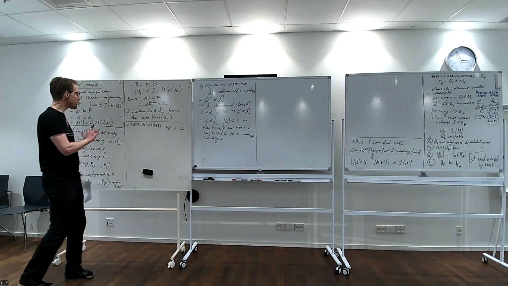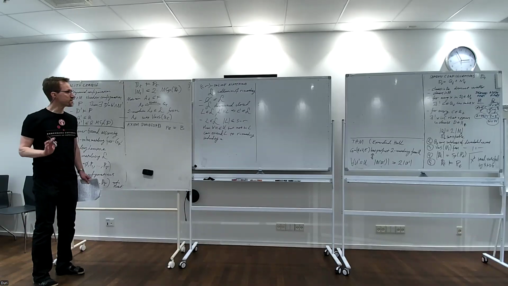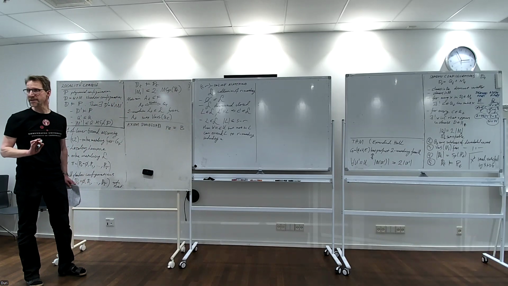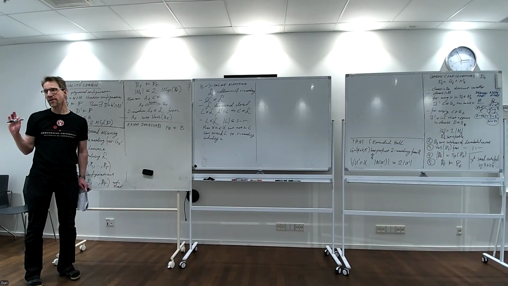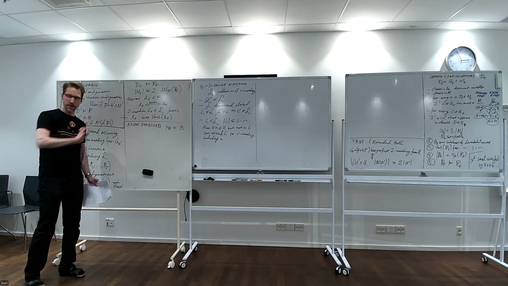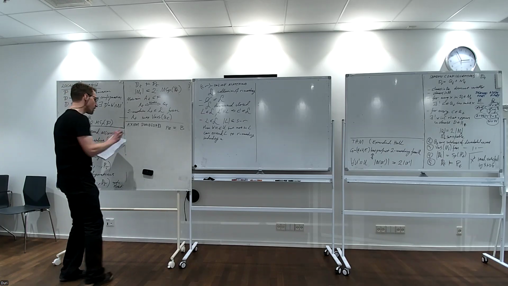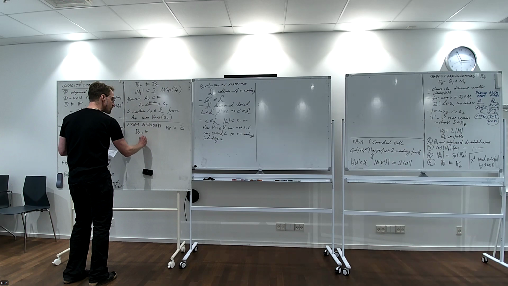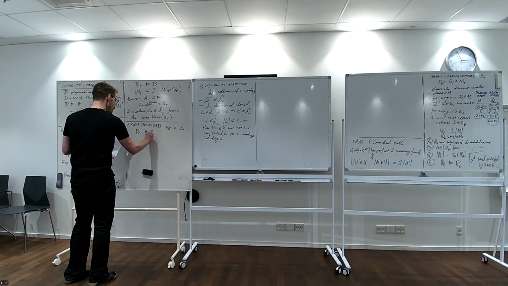And let's get the trivial cases out of the way. Suppose that B is already implied by D sub T minus 1, then I don't need to do anything, and I copy everything. So the interesting step is when D sub T minus 1 in fact does not imply B.